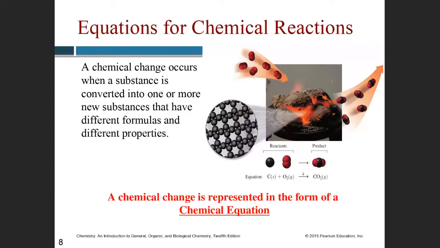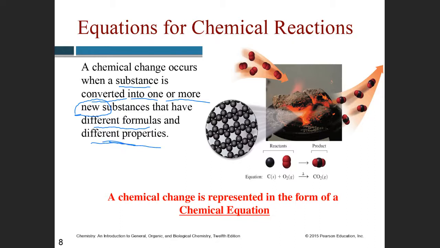Chemical change occurs when a substance is converted into one or more new substances that have different formulas and different properties.